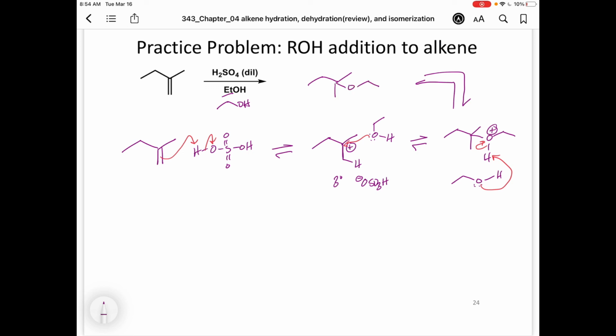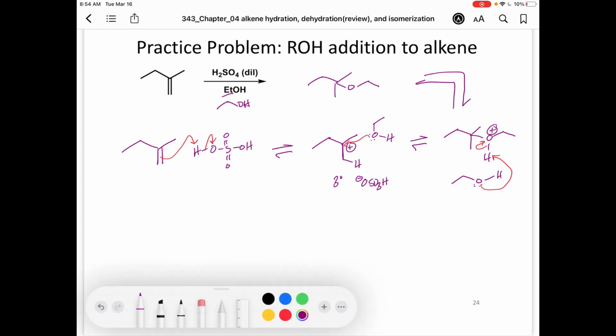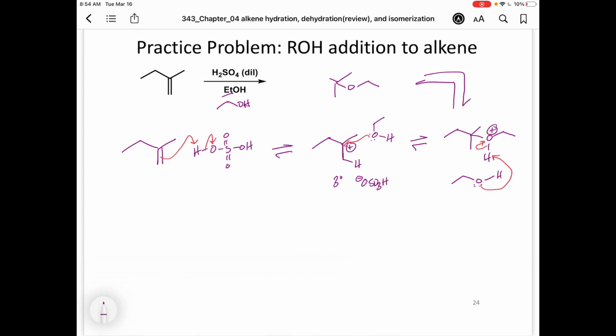looks like this. Now, we didn't form a chiral center on this compound here, but we would imagine that if this carbon were chiral, you would have both R and S. Okay, you would have both R and S there. So this is one of the ways that you can kind of expand what you already know.